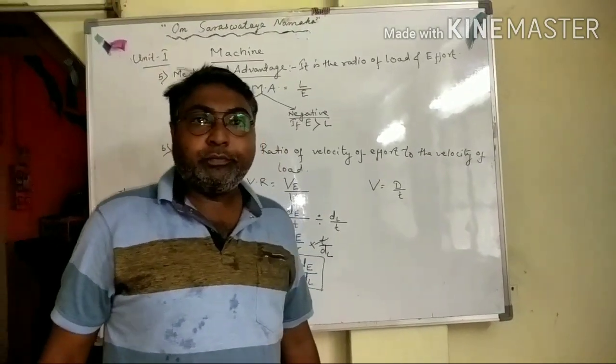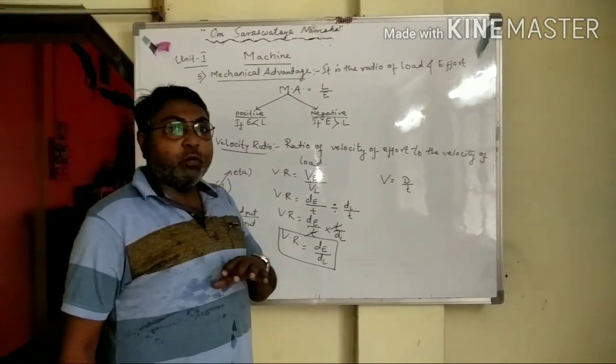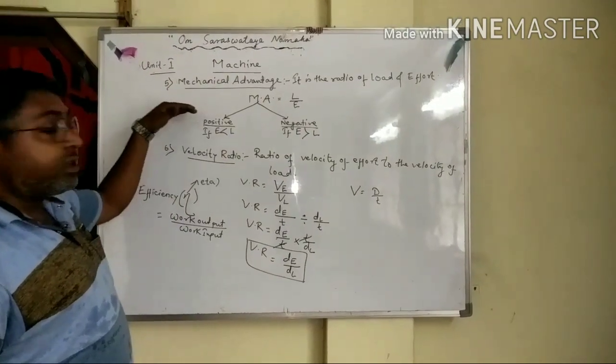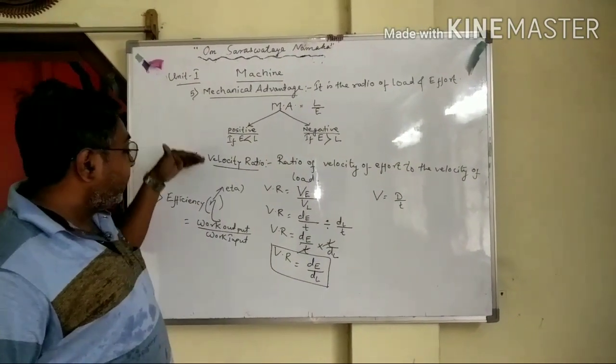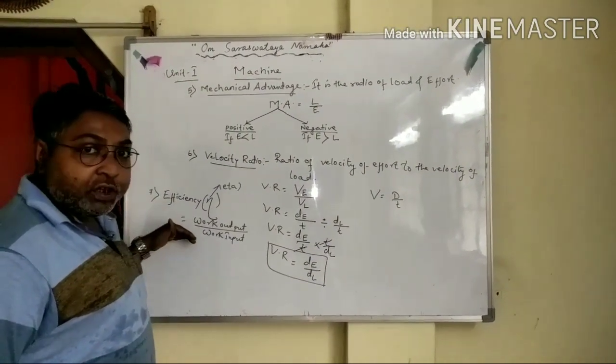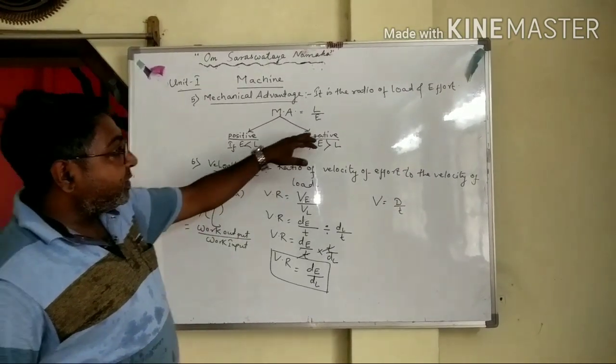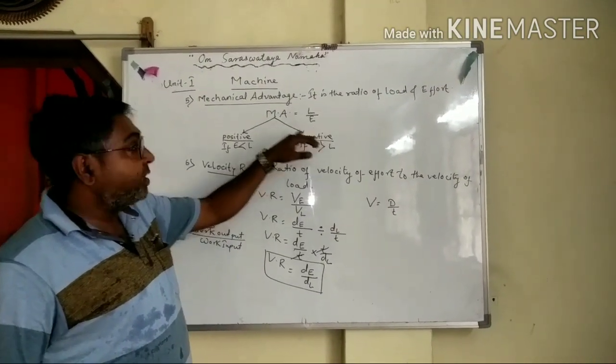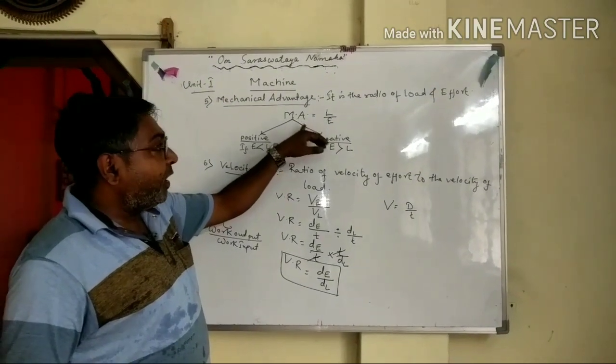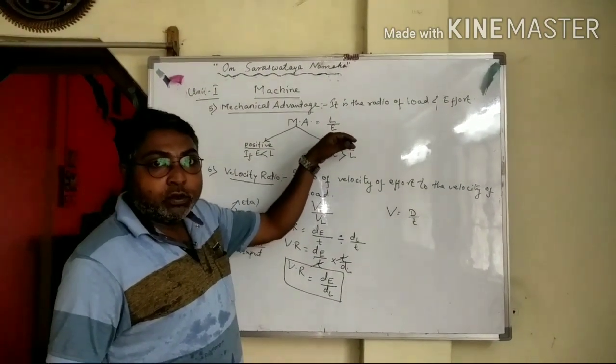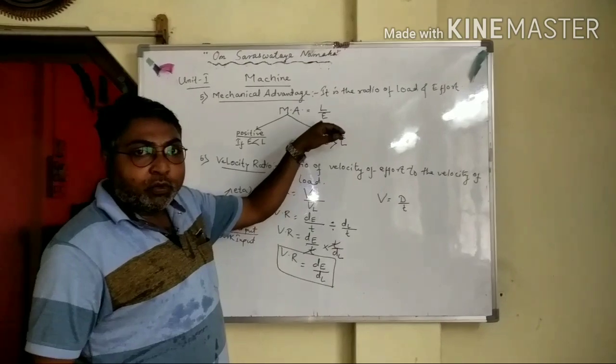I just forgot to mention one more thing: as far as the definitions of mechanical advantage, velocity ratio and efficiency are concerned, these are the ratio of similar quantities. For example, mechanical advantage is the ratio of load and effort. The quantities are the same, both are forces.